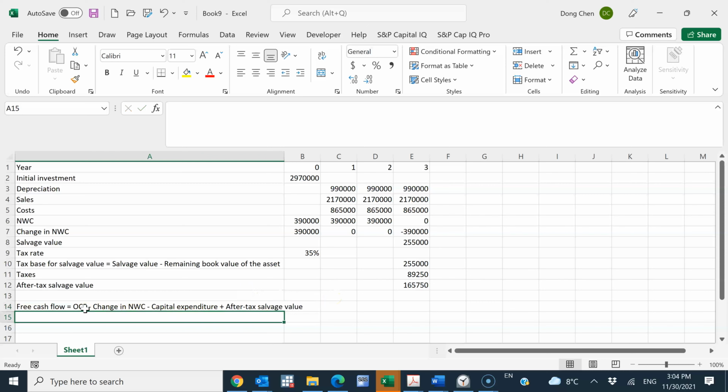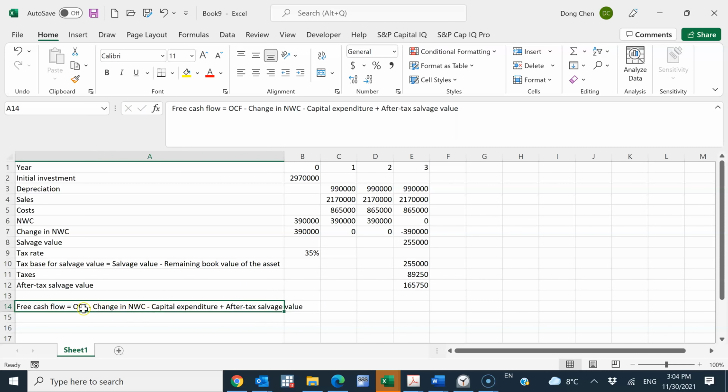So that's basically how we can get the free cash flow. So looking at this formula, we can see that we have already calculated the change in NWC, and capital expenditure is the investment that's also provided, and after-tax salvage value, we also did that calculation. So the only thing missing is this operating cash flow.